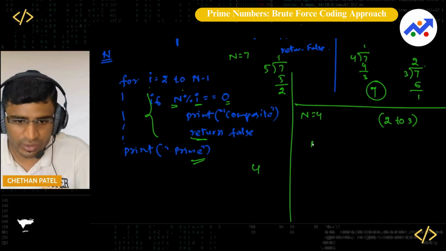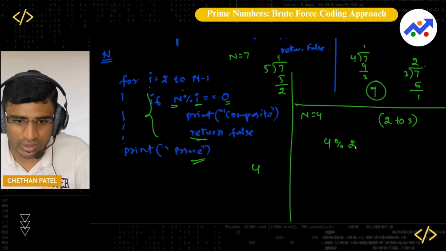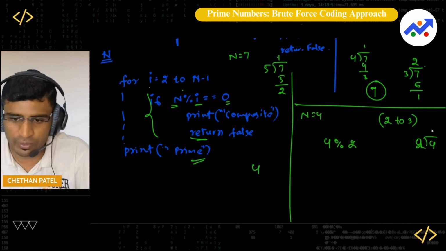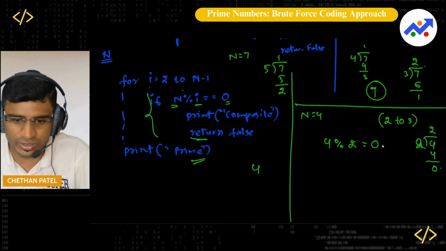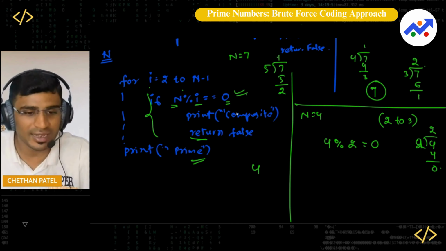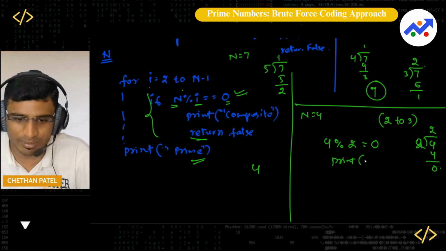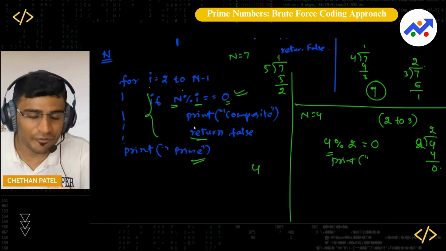Now I should take 4 % i, where i is 2. So 4 % 2: 2 twos are 4, remainder 0. 4 % 2 is 0. This condition is true, so obviously we print composite. So 4 is a composite number, and after that we will return.